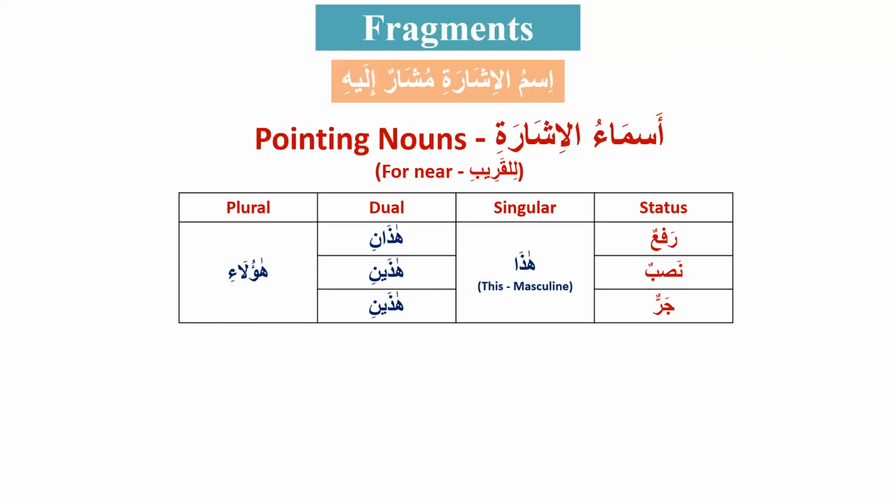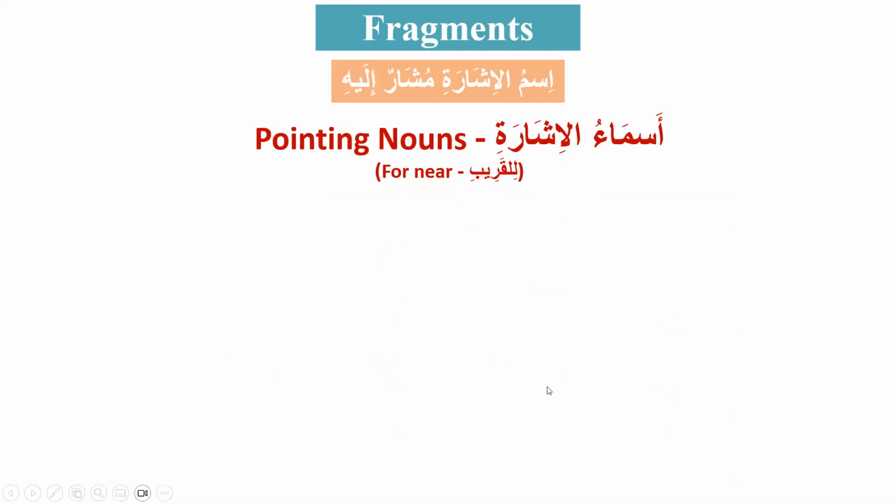What is the rafa form of haza? هذا. What is nasab? هذا. What's jar? هذا. What's the plural of haza? هؤلاء.